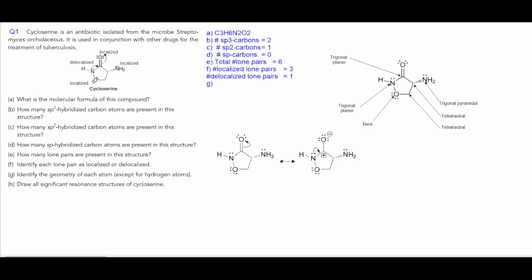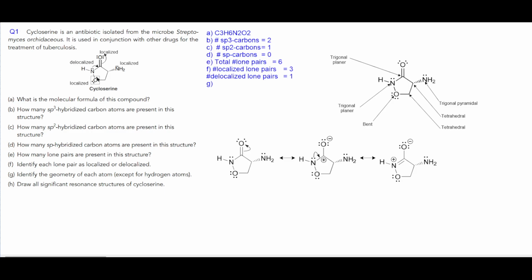So there are a total of 3 resonance structures you can draw with this particular molecule. Whenever we draw these resonance structures, we generally draw them with these arrows, and we often draw them in square brackets. The square brackets indicate these are resonance structures of each other.